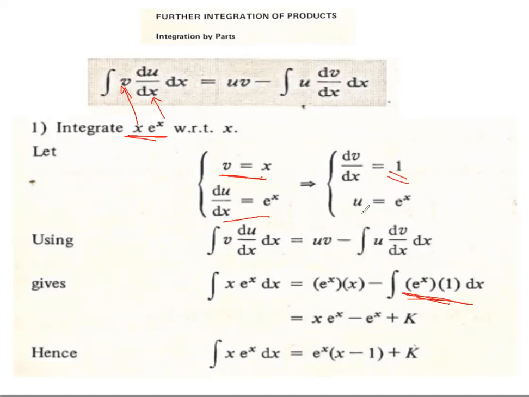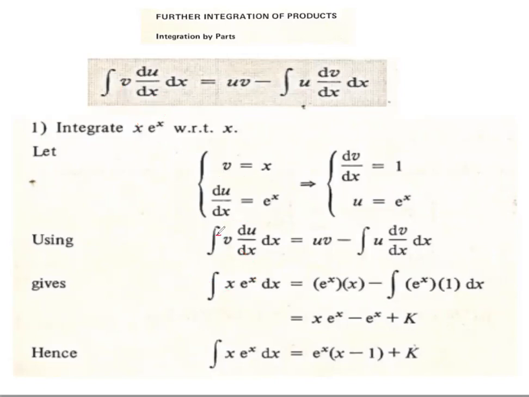This is easy. We all know that when we integrate e to the x, we end up with e to the x. Now you want to say, well, what happened to the constant k? Well, remember there is an integral in the formula, so when we finish it all, we're going to put the constant k at the end.